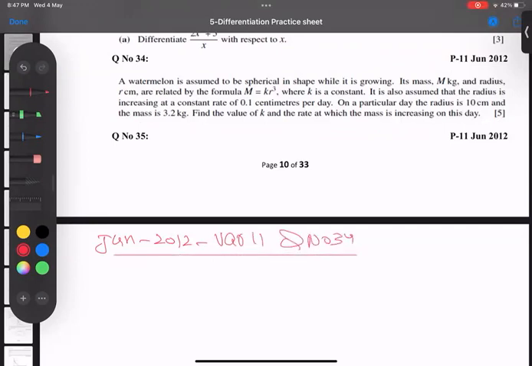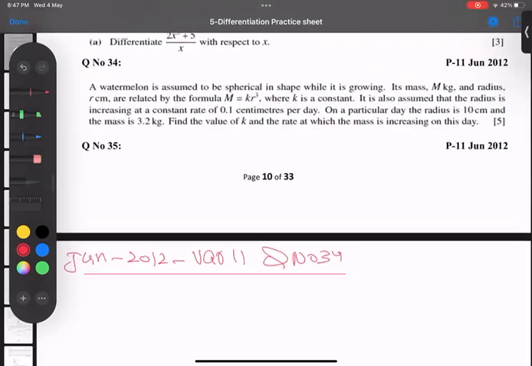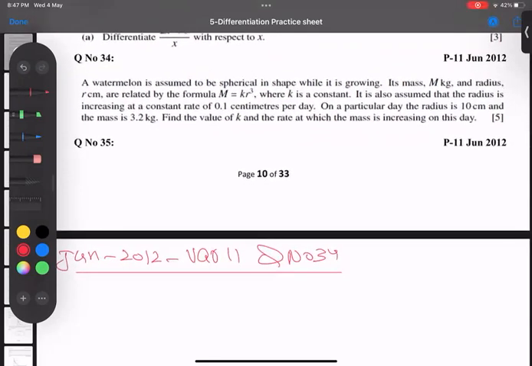Very good question. A watermelon is assumed to be spherical in shape while it is growing, although it's not exactly spherical, but assume. Its mass is m kilograms and the radius is r, and we have a formula given: m equals k r cubed.